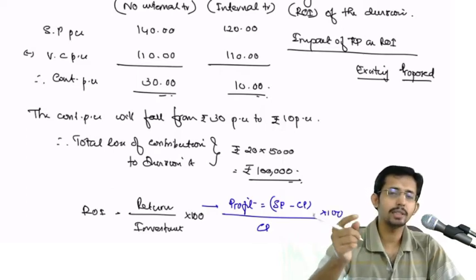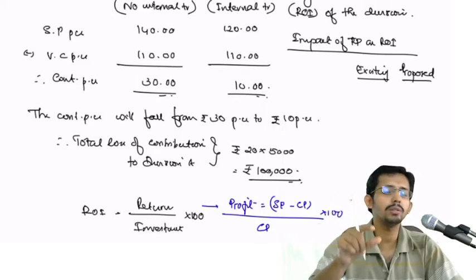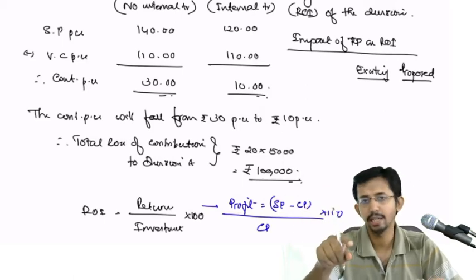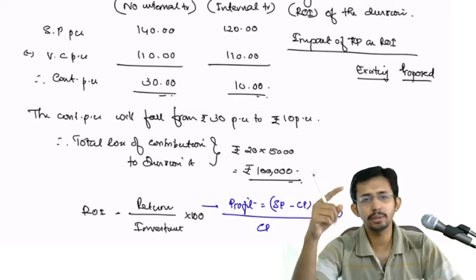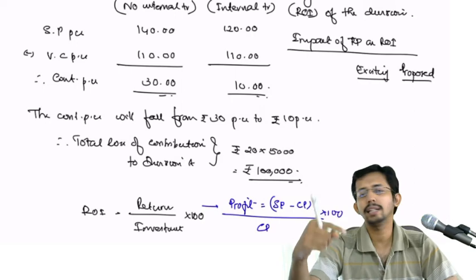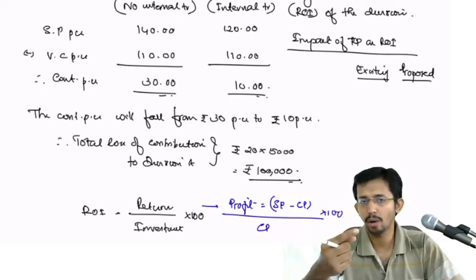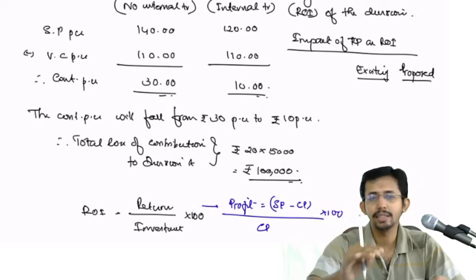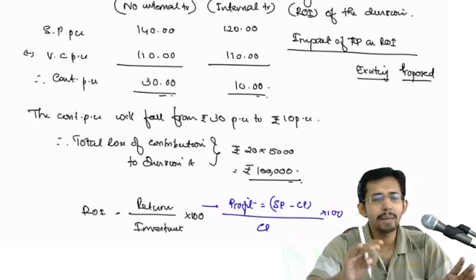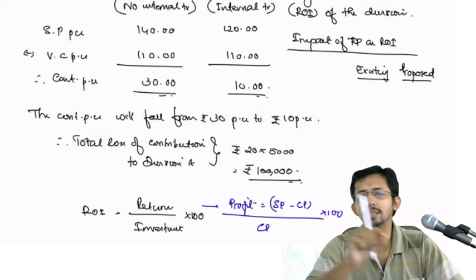Okay, if they had given the information about the total investment in the division, then you could have computed the total divisional profit and divided it by the total investment in the division, and computed the ROI, return on investment. But here in the present problem, there is no mention about the total investment in the division.